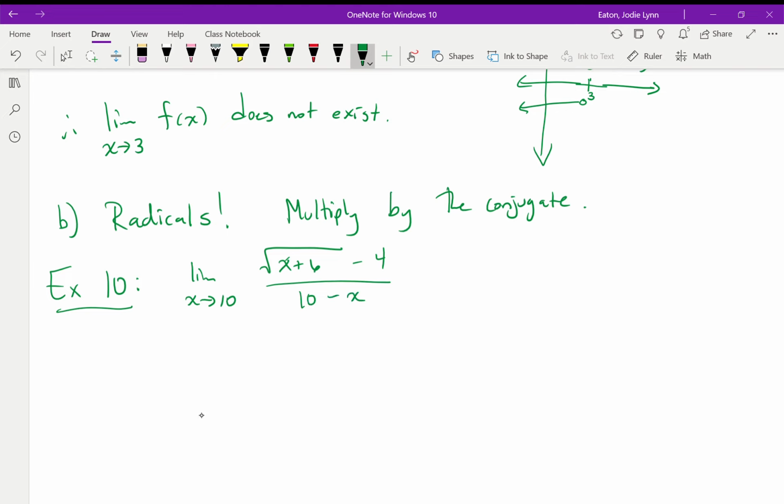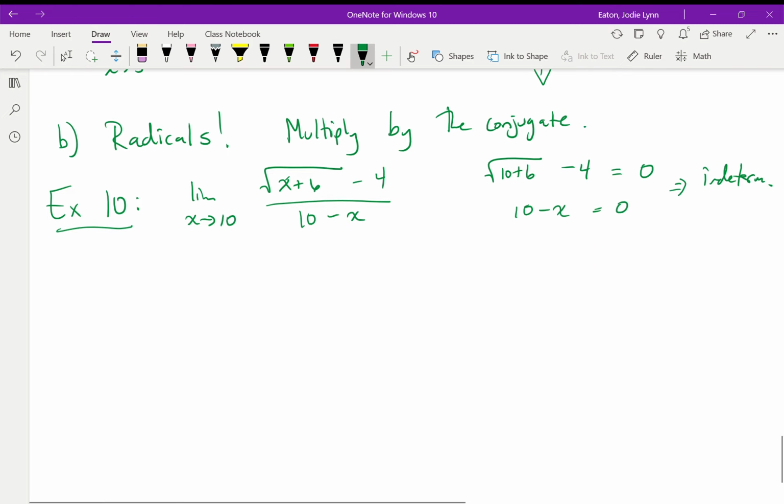So radical 10 plus 6 minus 4, that's radical 16 minus 4, is equal to 0. 10 minus x equals 0. So we have an indeterminate form, 0 over 0. What we're going to do is multiply the numerator and denominator by the conjugate of the radical expression.